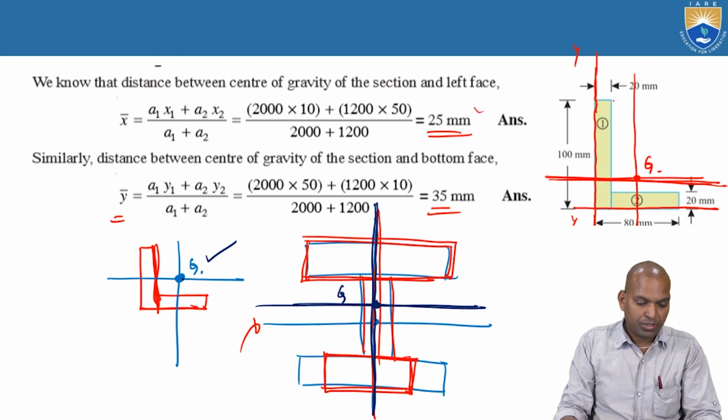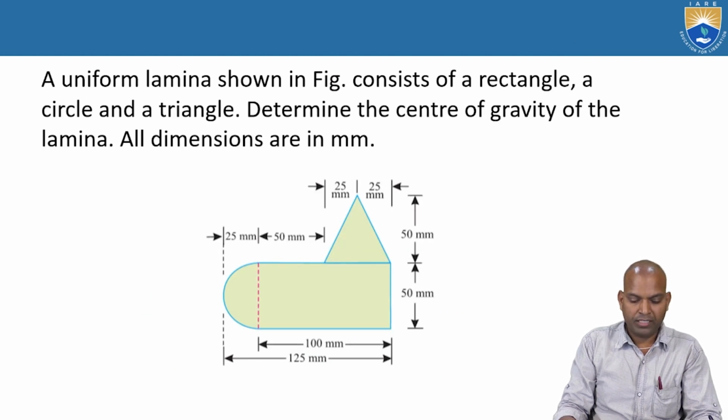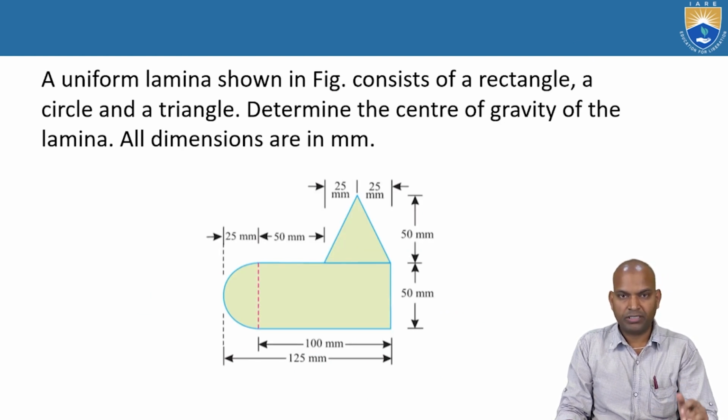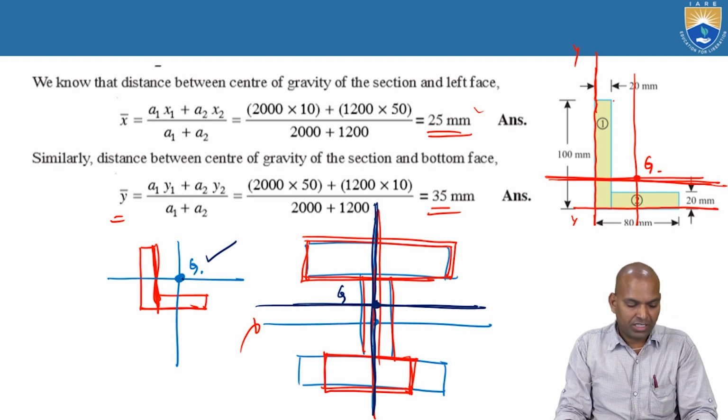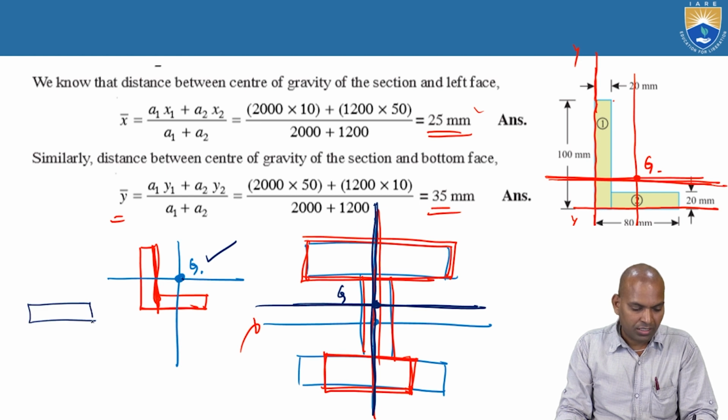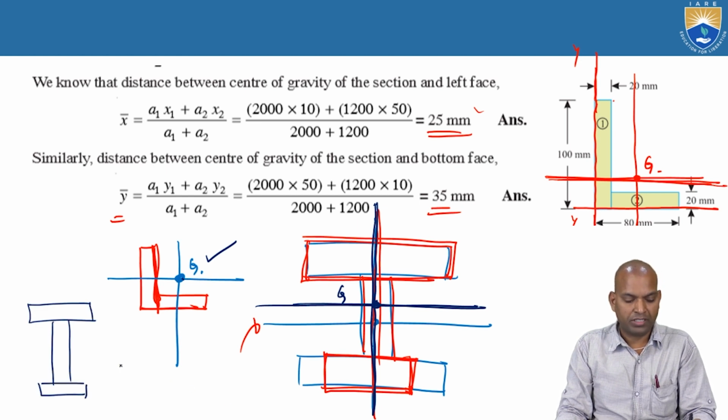Now coming to the next problem. So far we have covered simple figures joined, like rectangles joined in different manners. The L section, where two rectangles are joined to each other. And in the previous sessions, the I section, with rectangles joined in different sections.